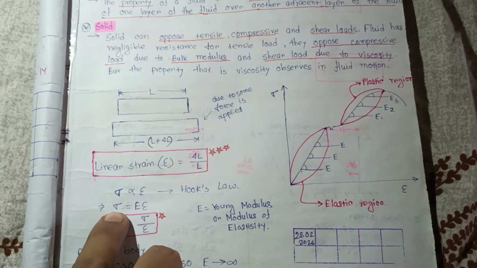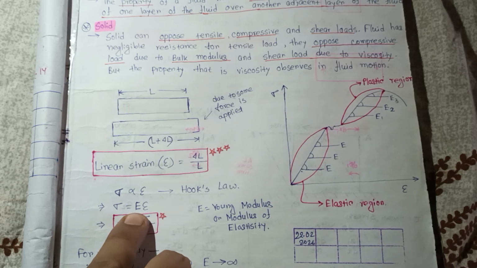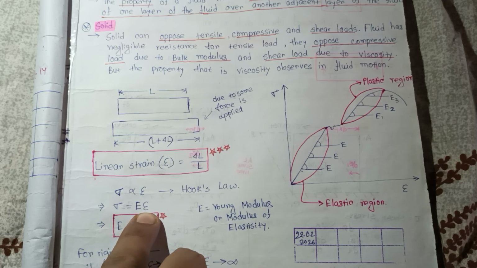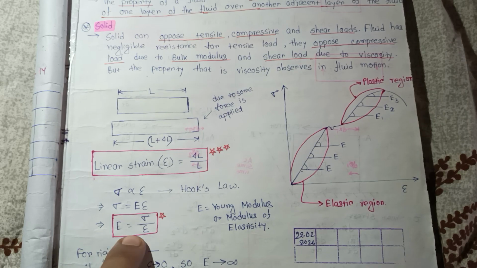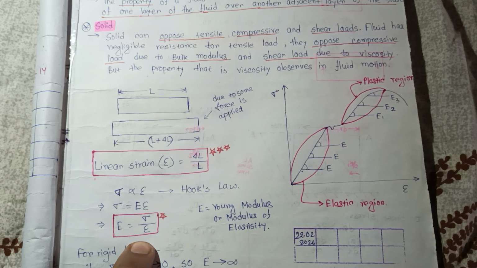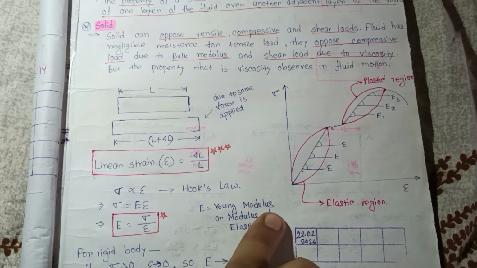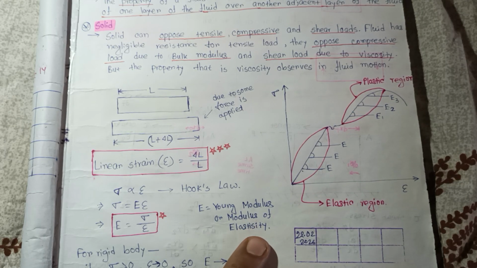So stress sigma is equal to a proportionality constant E into epsilon, where epsilon is the linear strain. So E, the proportionality constant, is equal to sigma by epsilon. E is the Young modulus or modulus of elasticity.